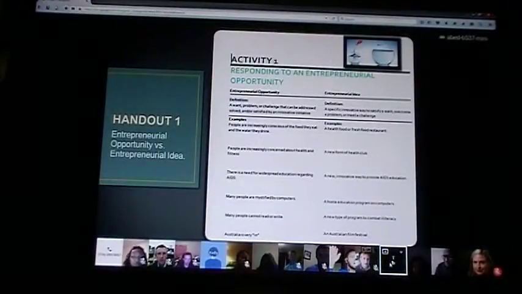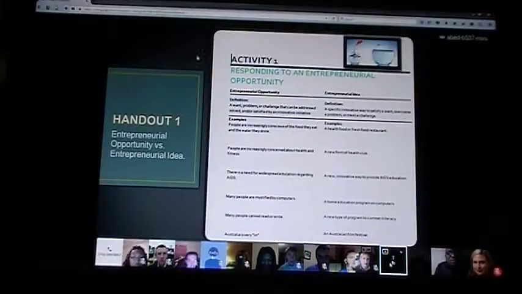Okay, so read the definition for me, Marletta, of entrepreneurial opportunity. A want, problem, or challenge that can be addressed, solved, and or satisfied by an innovative initiative.